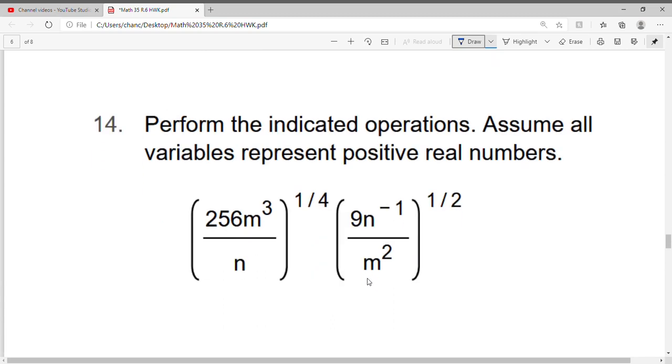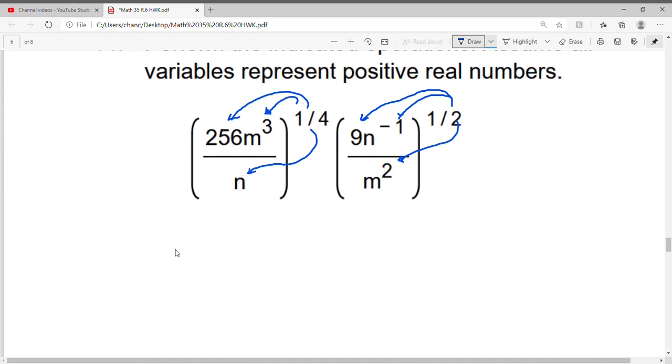Number 14 looks like an exciting problem. We can rewrite this as these exponents distributed throughout. Same thing with the 1/2. And don't forget about the denominator. So this is going to take us some time.